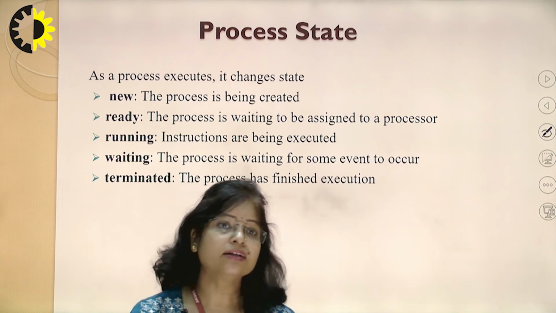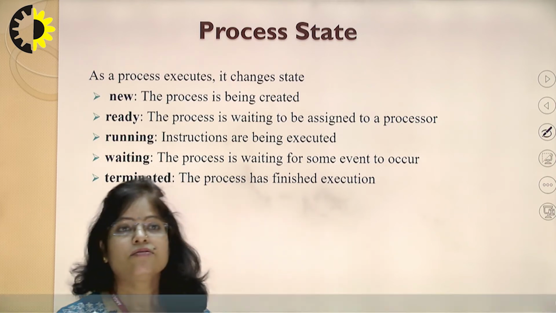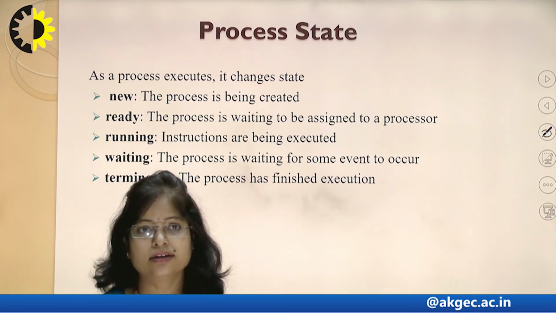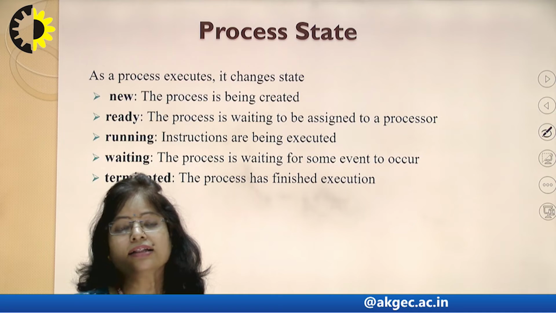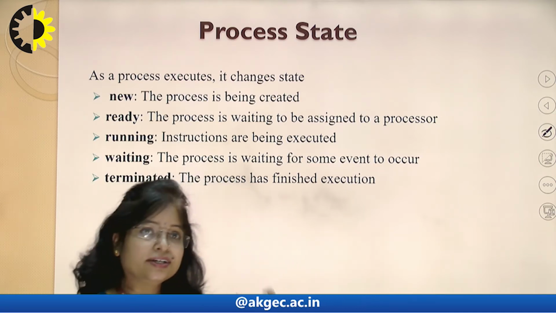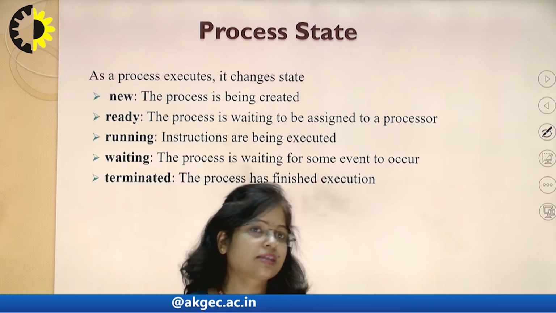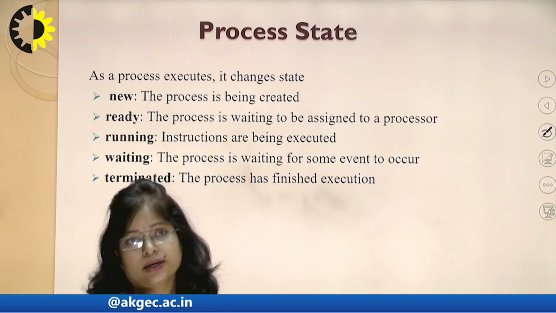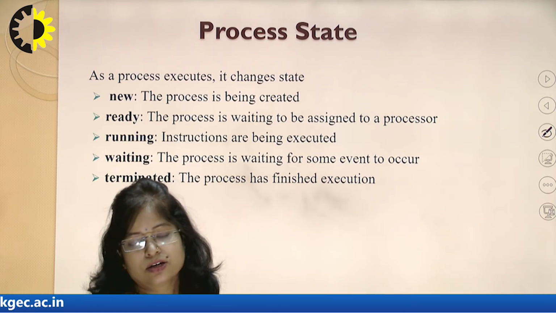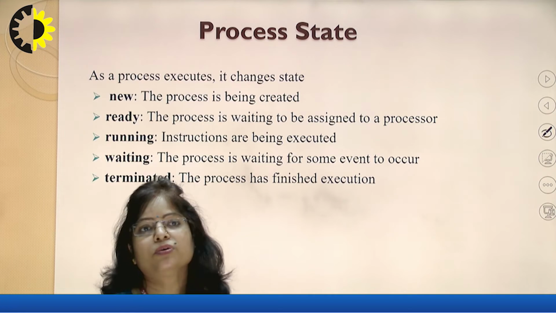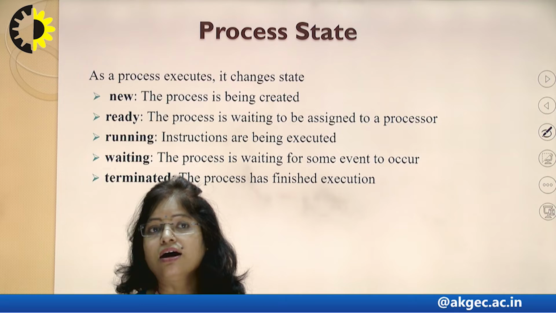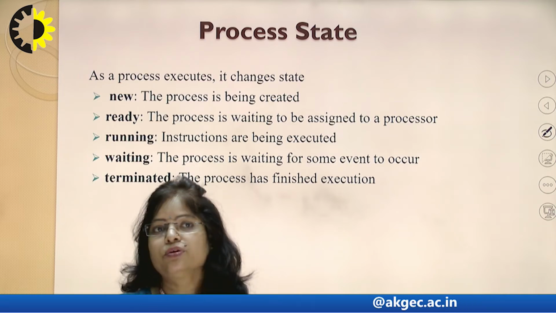Running state: when a CPU, or we can say processor, is assigned to a process, then it comes into the running state. And waiting state: suppose a process is running, but at some time it needs some input output device. So the input output device is handed over to the process, and the process starts execution with the input output device.